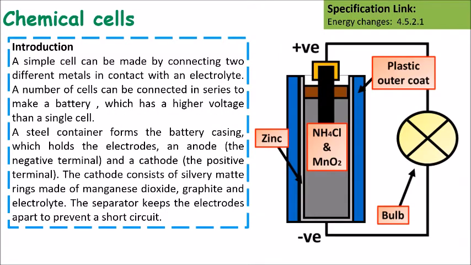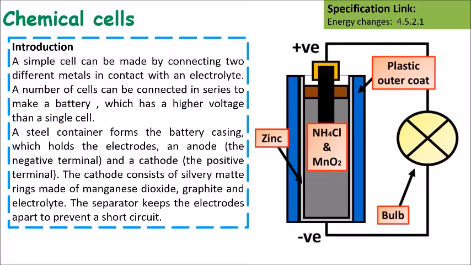A simple cell can be made by connecting two different metals that have an electrolyte between them. A number of cells can be connected in series to make a battery. So if we look at the construction of a cell, a steel container forms a battery casing which holds the electrodes.